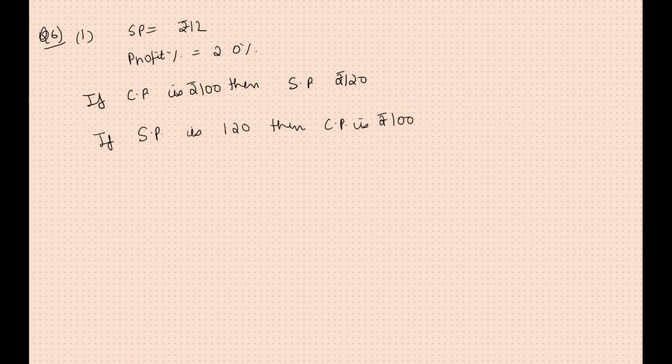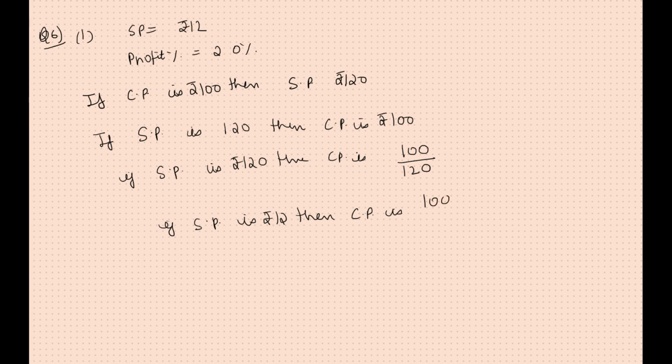So if selling price is 120 rupees, then cost price is 100 upon 120, and if selling price is 12 rupees, then cost price is 100 upon 120 into 12. 12 tens are 120.